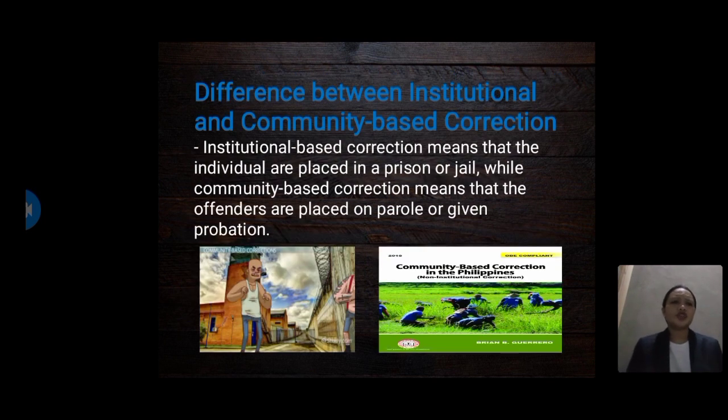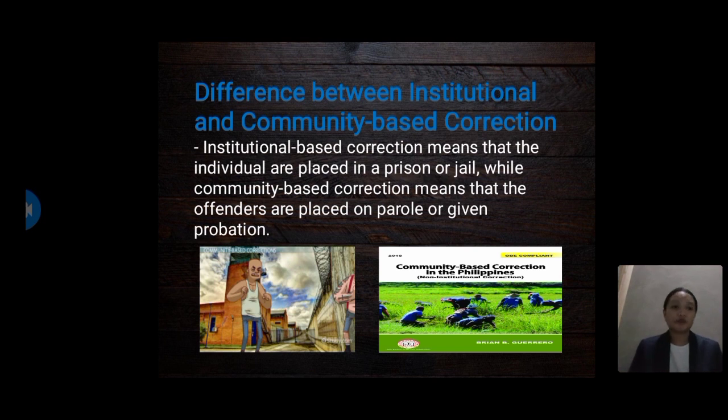So, what is the difference between institutional based correction and community based correction? As I said earlier, institutional based correction means that individuals are placed in a prison or jail, while community based correction means that the offenders are placed on parole or given probation.